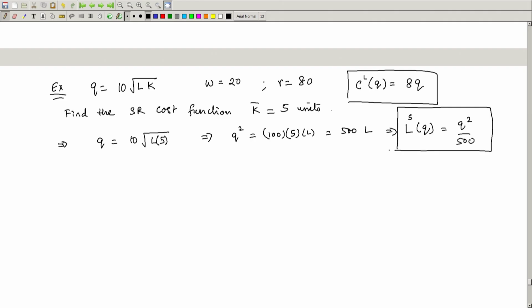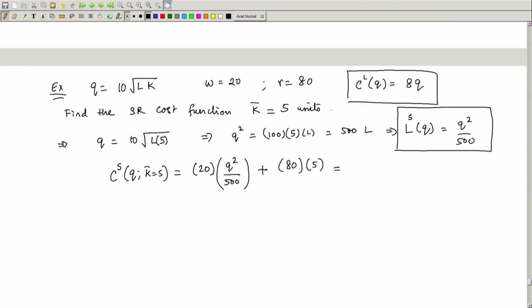Once I have this functional form, what is the short run cost function at K bar equals 5? Well, it is the wage rate times L, which is Q squared by 500, plus R, which is 80, times K, which is equal to 5.